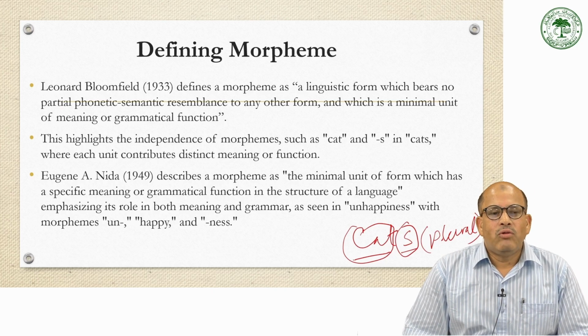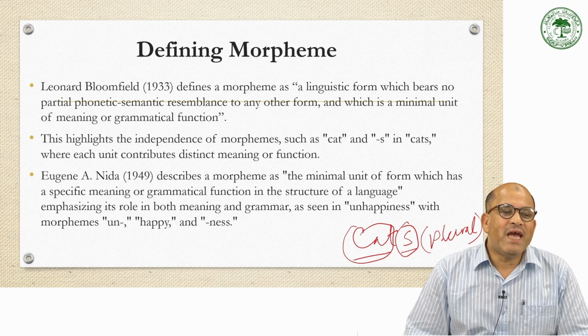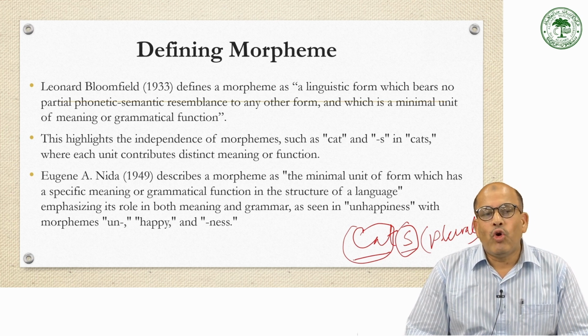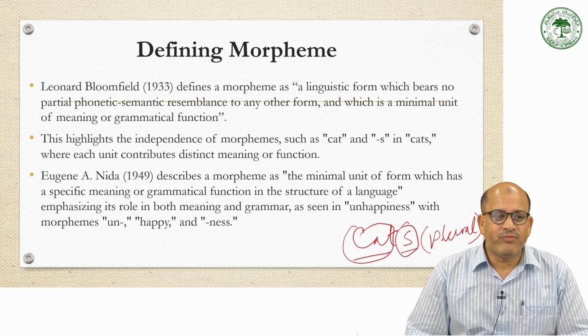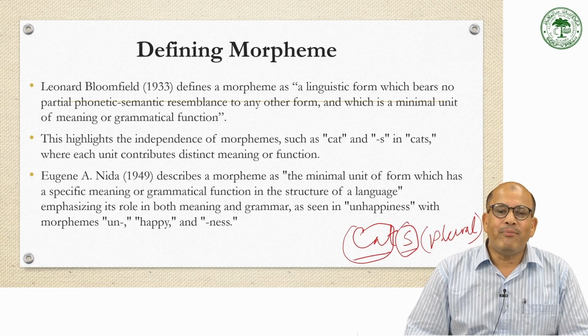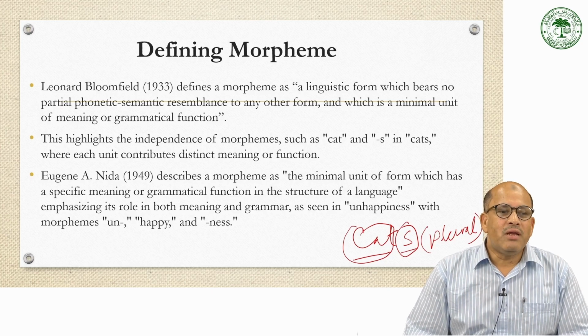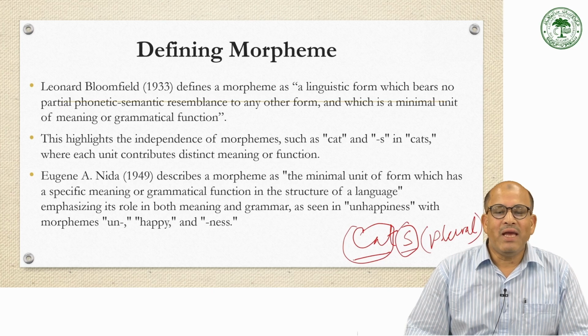Now if you look at the definition of Nida, who describes a morpheme as a minimal unit of form which has a specific meaning or grammatical function in the structure of language, that emphasizes its role in both meaning and grammar, as seen in the word unhappiness with morphemes un, happy and ness.